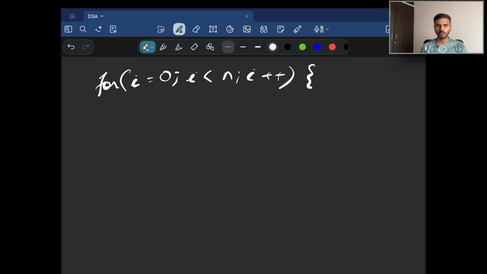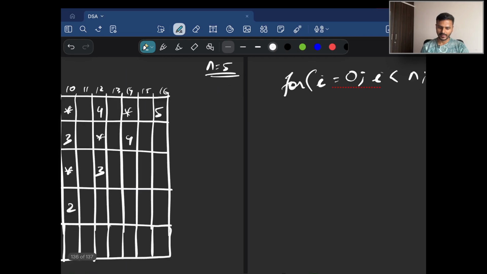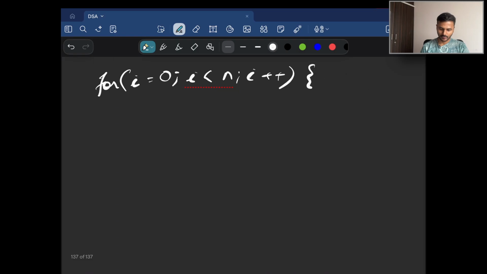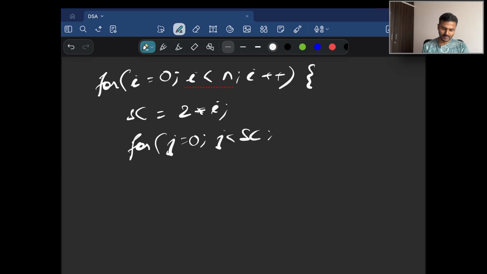Then what we are supposed to do is print the required number of spaces, right? And that is twice of I. So what we can do first is count the number of spaces with this expression, and then we can iterate from 0 to less than space count.